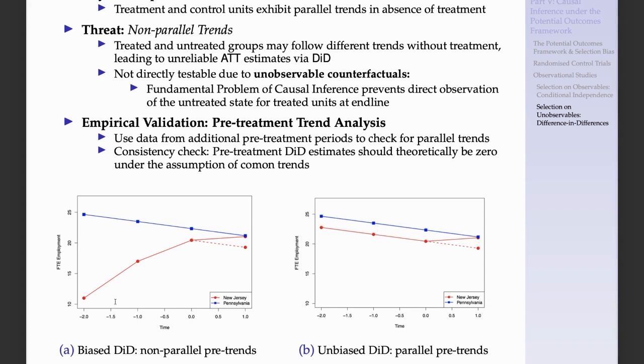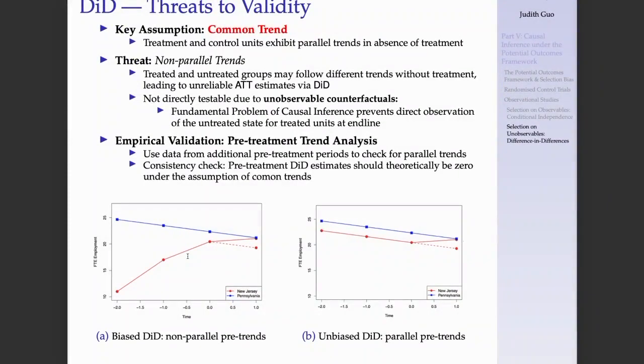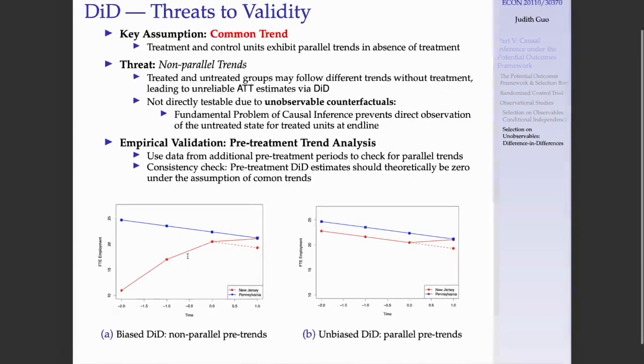But if instead we're on the left panel, or actually the right, okay, so obviously we can see that pre-baseline, New Jersey does not have the same trend for employment compared to Pennsylvania. And then obviously this violates the common trend assumption, and therefore DID will give us no hope in recovering the ATT.